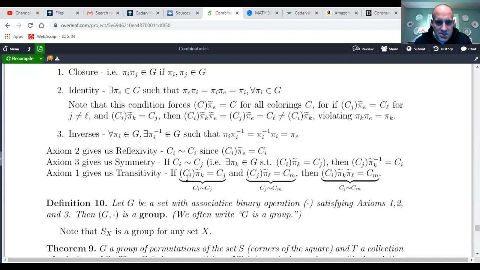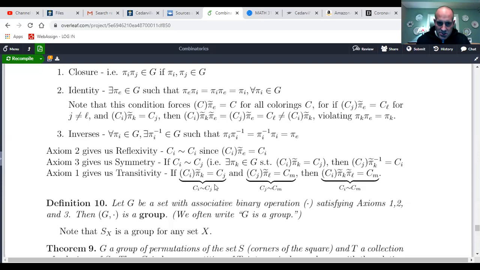And then axiom 1 gives transitivity. So if pi k applied to Ci gives Cj, and pi l applied to Cj gives Cm, then what about pi k pi l? That should send me from Ci to Cm in theory, and it does, because pi k applied to Ci gives me Cj, and pi l twiddle applied to that sends me to Cm. Therefore, Ci is equivalent to Cm.